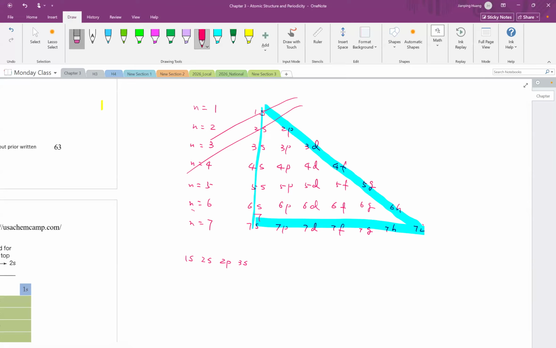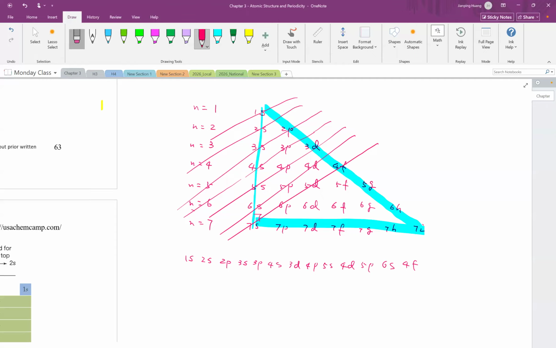So that should be 1s, 2s, 2p, 3s. Next one is 3p, 4s. Next, 3d, 4p, 5s. Then 4d, 5p, 6s.